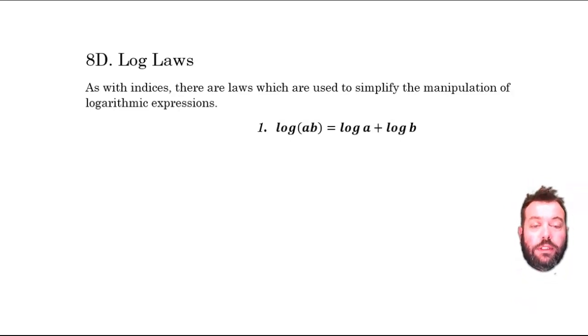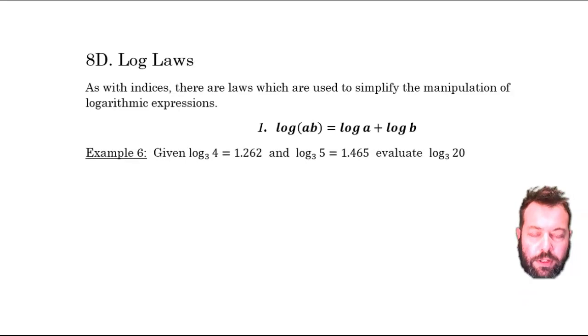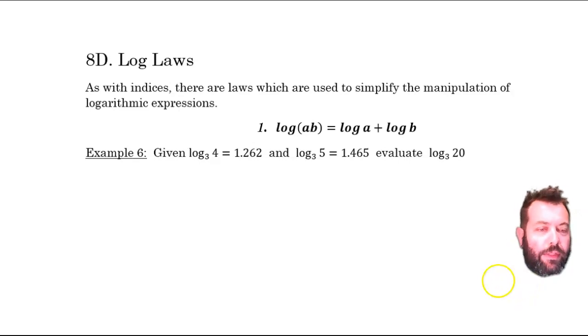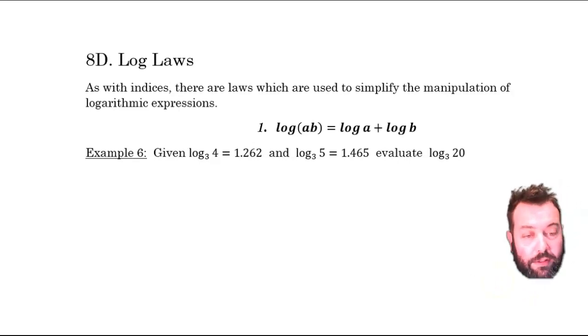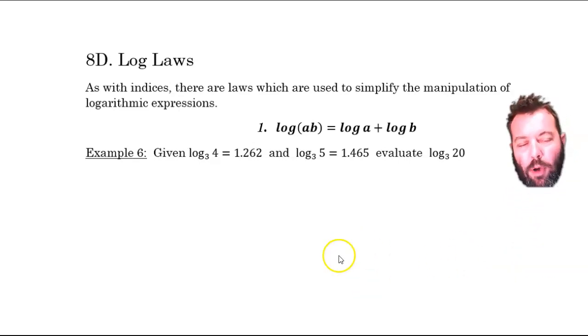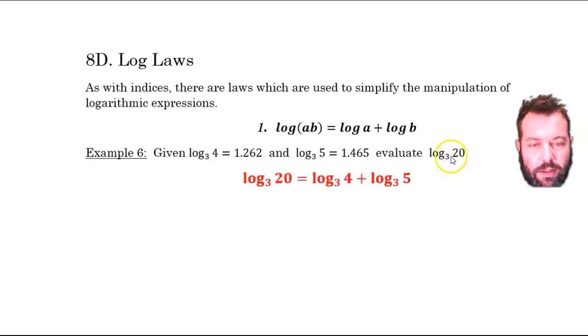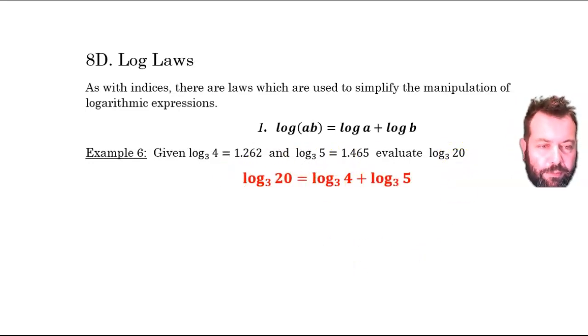The first of these laws is that the log of AB is equal to the log of A plus the log of B. So for example, if I knew that the log base 3 of 4 was equal to this, the log base 3 of 5 was equal to that, and I were asked to evaluate the log base 3 of 20, I might be able to reason that 20 is equal to 4 times 5.